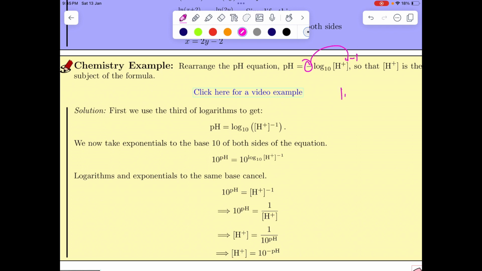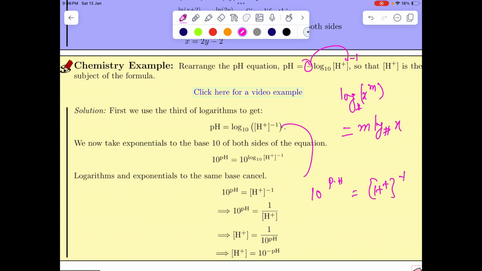So if pH is minus log of H plus, actually we can take this minus and put it on its head as minus 1, because from the property log x to the power m on any base is m log x on the same base, right? So that gives from here 10 to the power pH equal to H plus to the power minus 1. Okay, so 1 by H plus is going to be 10 to the power pH.